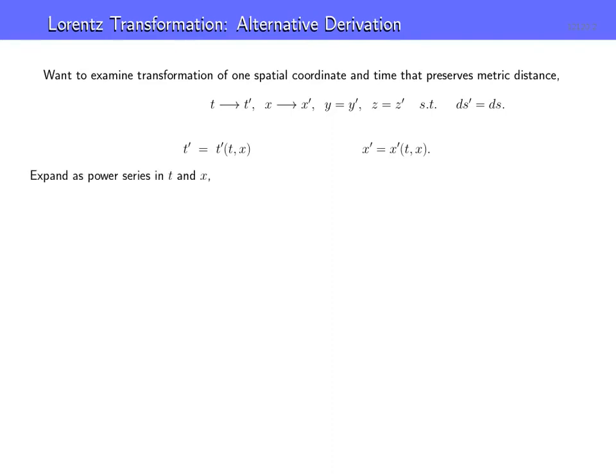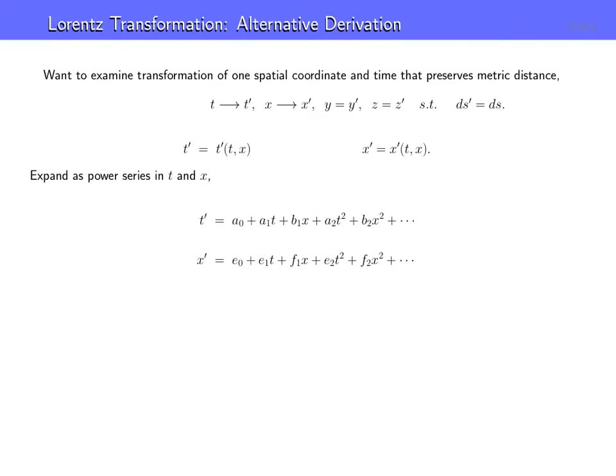So we want to consider, say, t with a series of coefficients, a0, a1 t to the 1, b1 x to the 1, and so on, and the function for x prime as well. We could do this because it seems natural to do that.